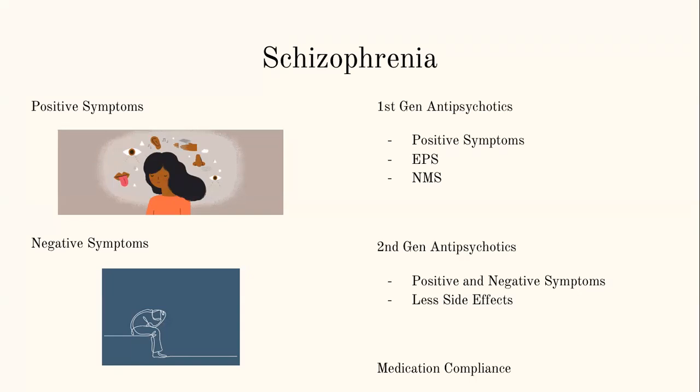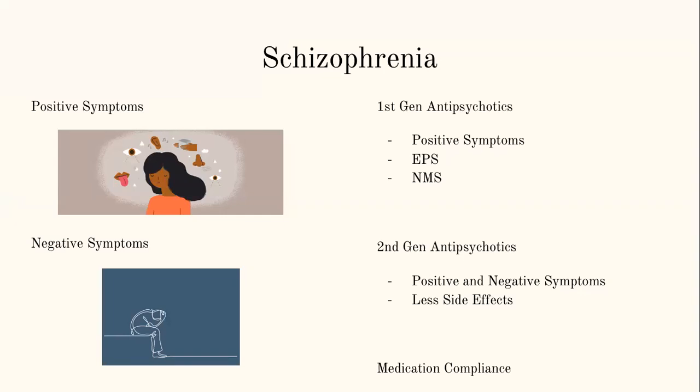We treat schizophrenia with antipsychotics, and there's two different classes of antipsychotics. You have your first generation antipsychotics, which only treat the positive symptoms. They are older medications and they have very, very, very severe side effects. The main ones being EPS or extrapyramidal symptoms. And these are things like tardive dyskinesia, akathisia, oculogyric crisis, pseudo Parkinsonism, or dystonia.